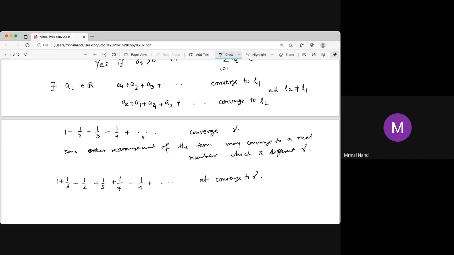I can rearrange so it converges to 0, to 1 crore, or to minus 2 lakhs. I can rearrange so the series diverges to infinity, or diverges to minus infinity. Any number you can reach just by rearranging the terms.